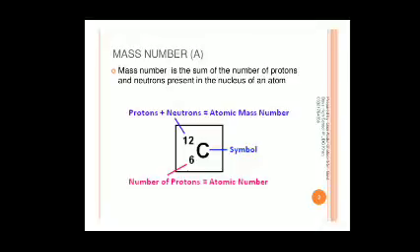Mass number is the sum of the number of protons and neutrons present in the nucleus of an atom. The difference between mass number and atomic number is equal to the number of neutrons.